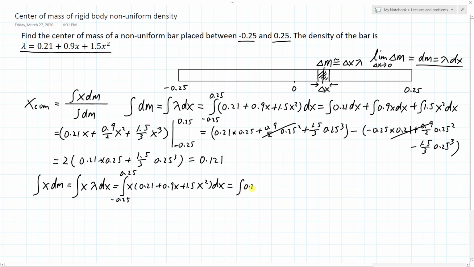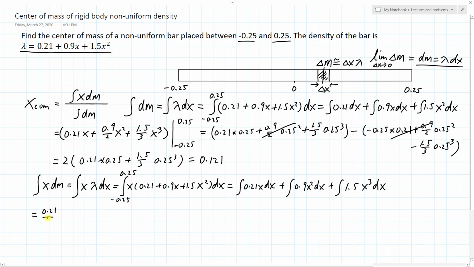So 0.21x dx, 0.9x squared dx, and 1.5 x cubed dx. All the terms look similar to the ones we had before, but they all have an additional power of x, such as this one compared to this one here, right? So let's do the integration.